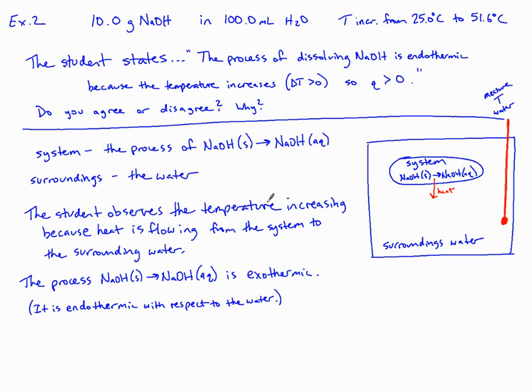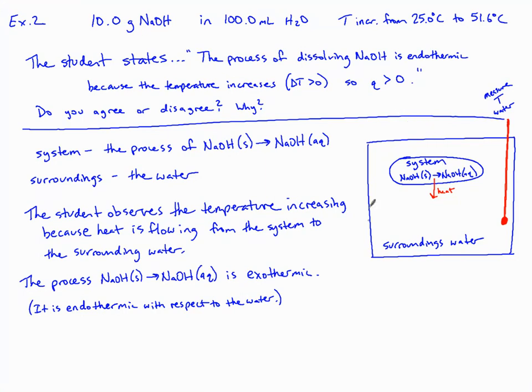So the student is observing a temperature increase because heat is flowing from the system, which is the process of the solid turning into aqueous, and the heat is flowing from the sodium hydroxide process to the water. And so in terms of the process of the sodium hydroxide, which is a solid becoming aqueous, this is exothermic because it is releasing heat.